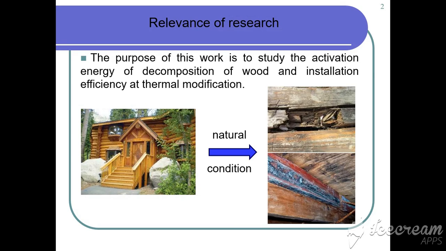Therefore, the development of technological schedules for wood modification, research in thermophysics, and the influence of structural features on this process is an unresolved component of ensuring the stability of building structures made of wood. So it is necessary to establish a thermal modification mechanism for such materials.